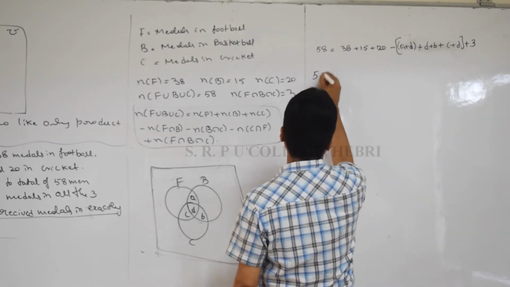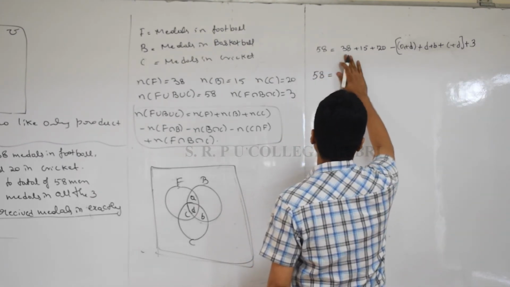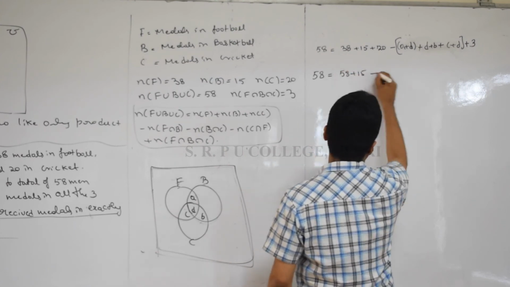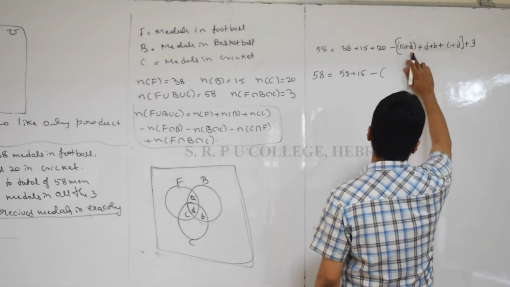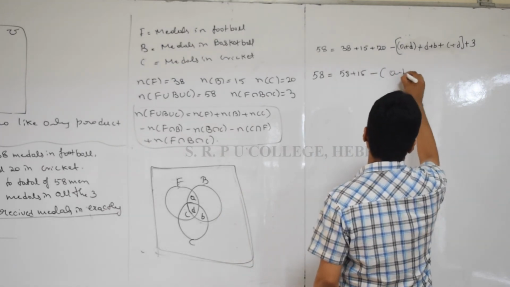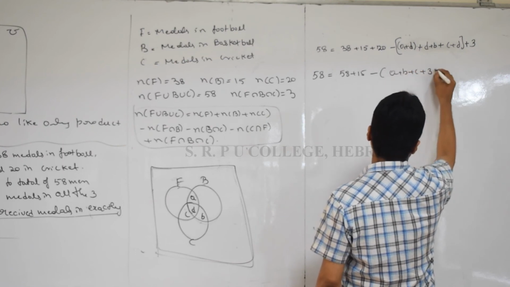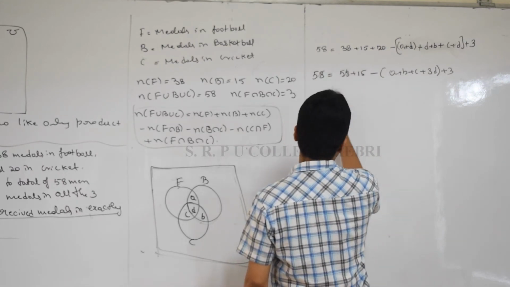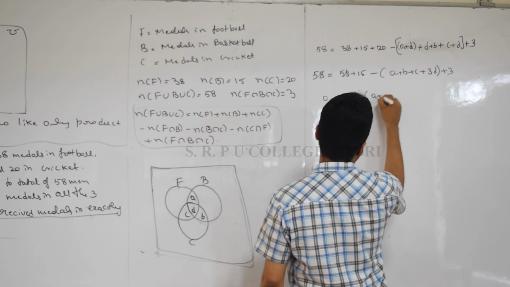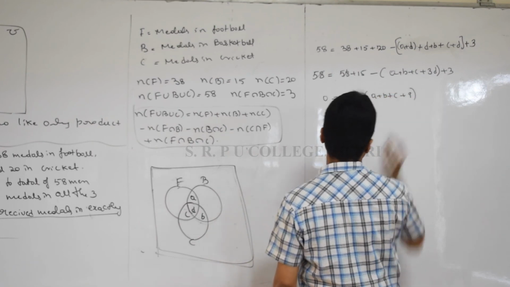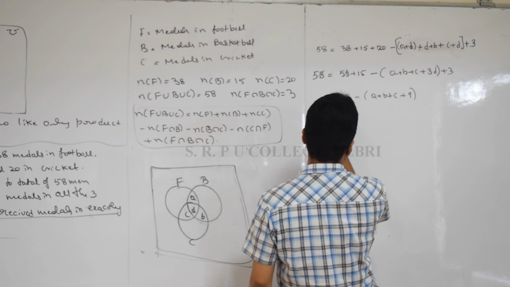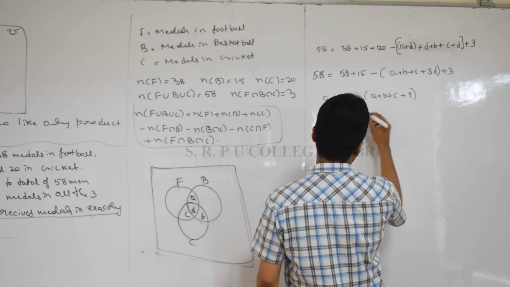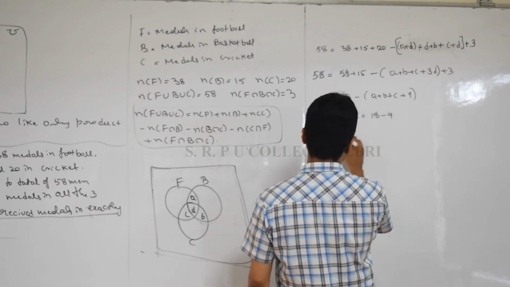So 58 equals 58 plus 15 minus, let D be 3, so A plus B plus C plus 3 into D plus 3. This cancels, so 0 equals 18 minus A plus B plus C plus 9, correct? So A plus B plus C is equal to 18 minus 9. The answer is A plus B plus C is equal to 9.